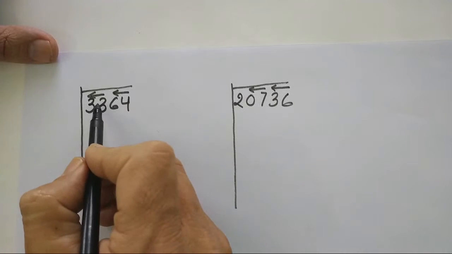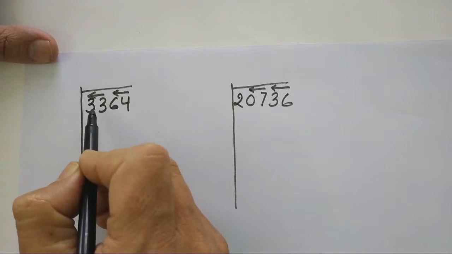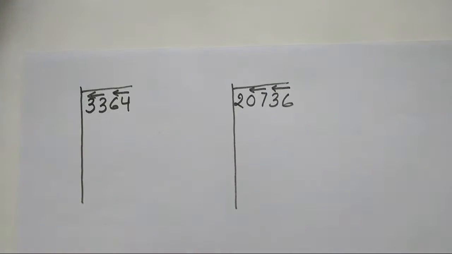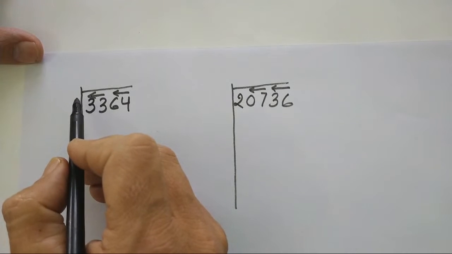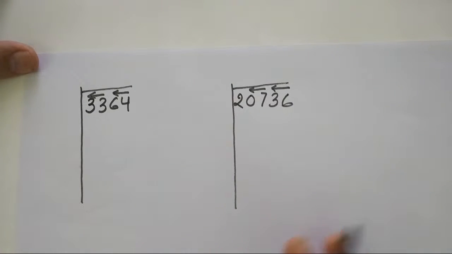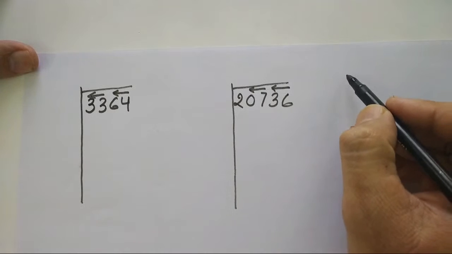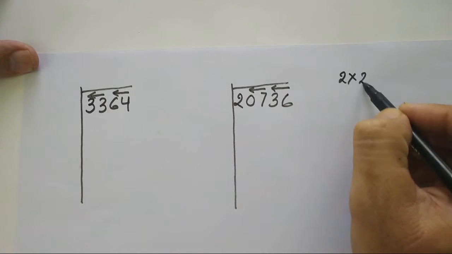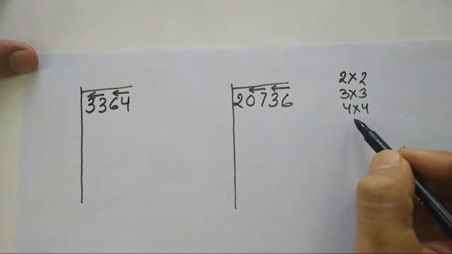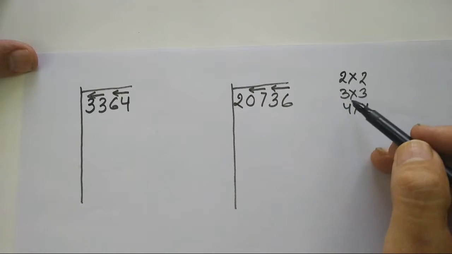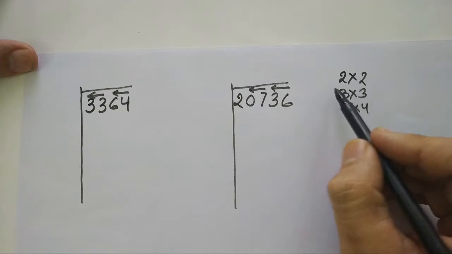Now we will divide the first pair of digits, that is 33, by a square number. So what is the square number in this case? The square number means a number which is multiplied by itself. The square numbers will be like 2 into 2, 3 into 3, 4 into 4, and so on. So you will not do 2 into 3, 2 into 5. We will take the same numbers.